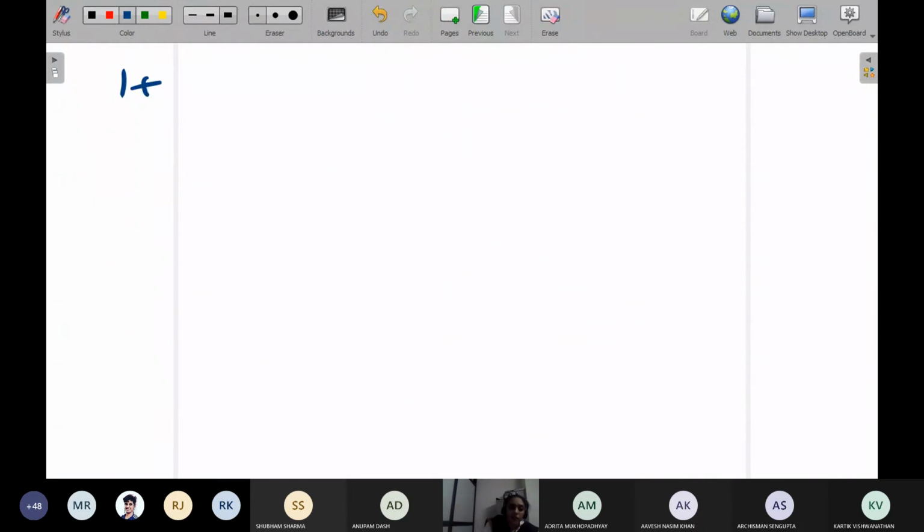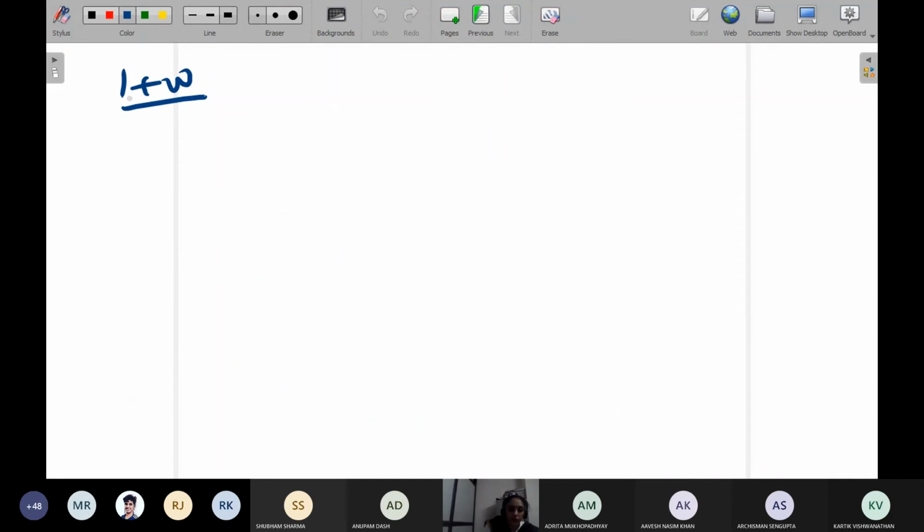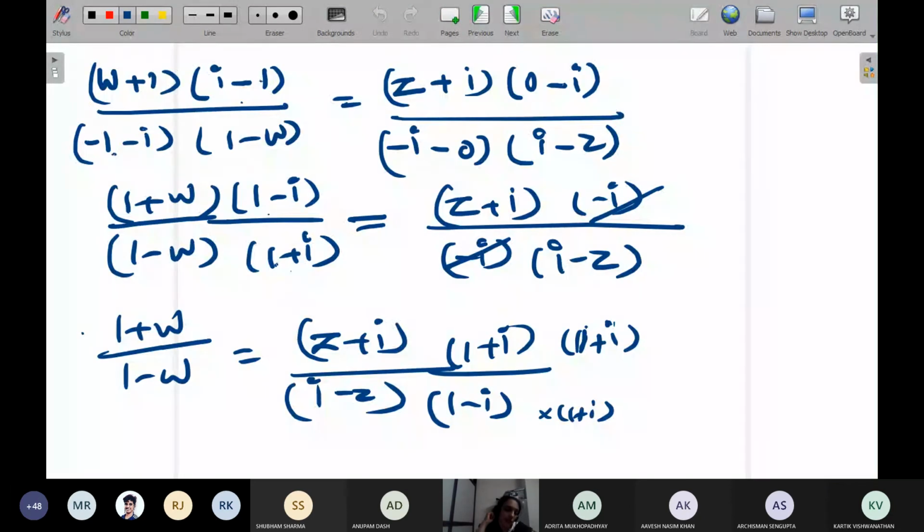My left hand side is 1 plus W divided by 1 minus W. My right hand side I have Z plus I divided by I minus Z, and here you have 1 plus I the whole square divided by A plus B into A minus B. A plus B into A minus B is what, ma'am?